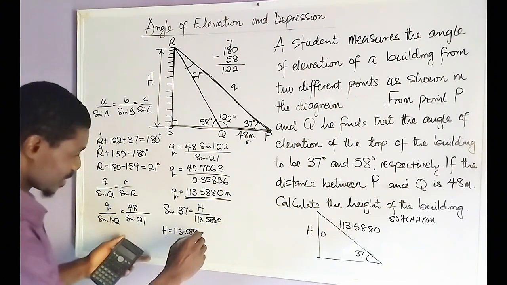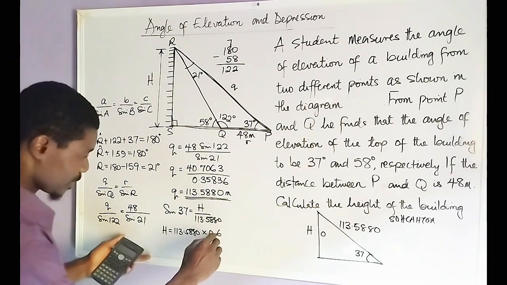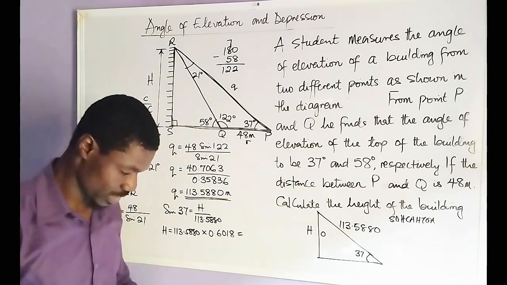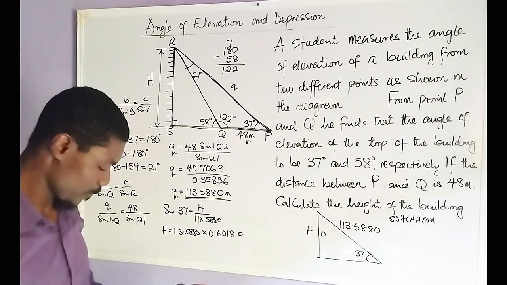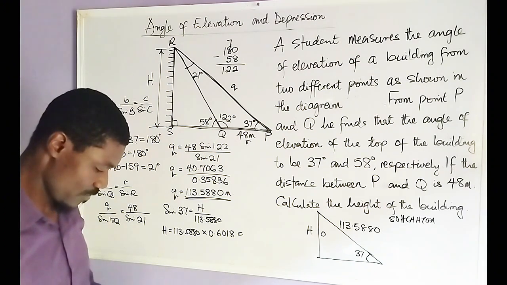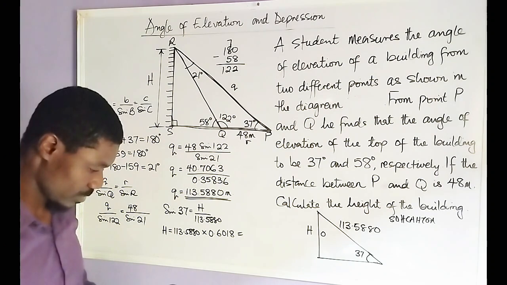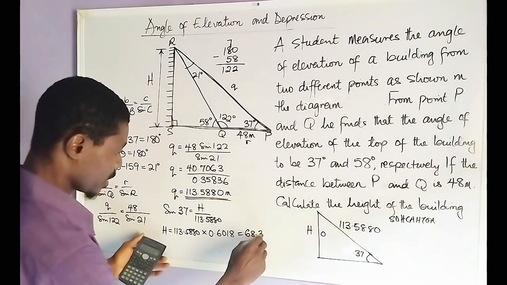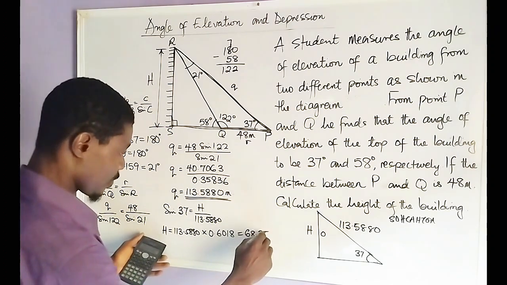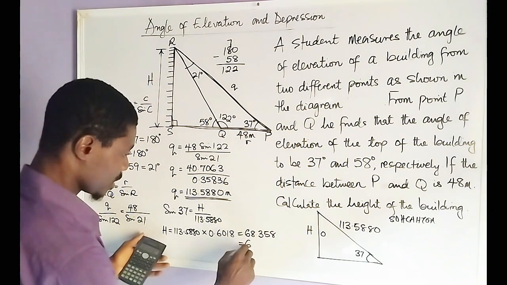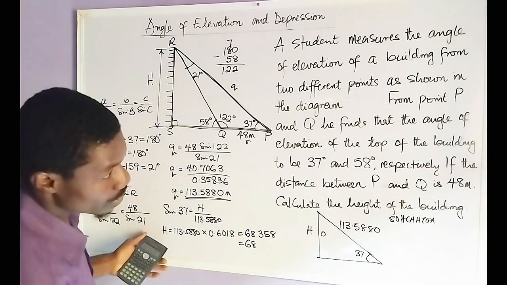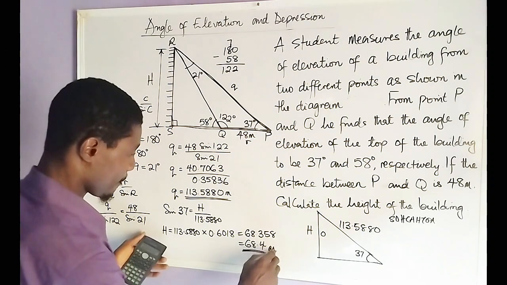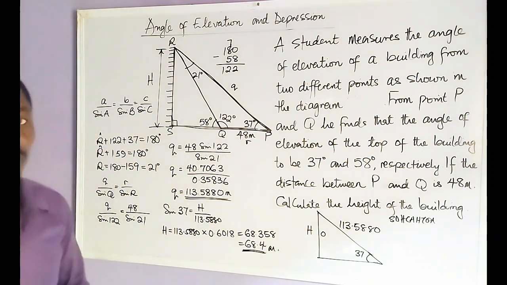So 113.5880 times 0.6018 gives 68.358, approximately 68.4 meters. All right, this is the final answer.